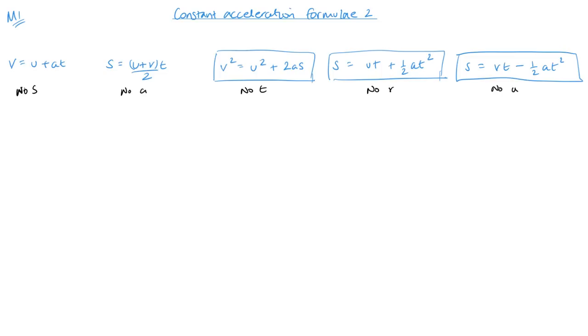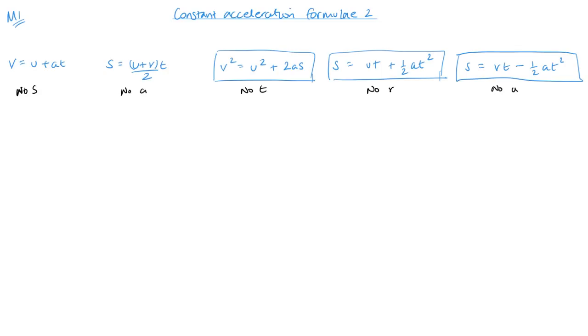So the final ones, you need to be able to recall them, but I don't think you need to be able to derive them. The first two, I've never seen a question on it, but it's in the spec that you could technically be asked to derive them from the graph, but these ones I don't think are even in the spec to derive.